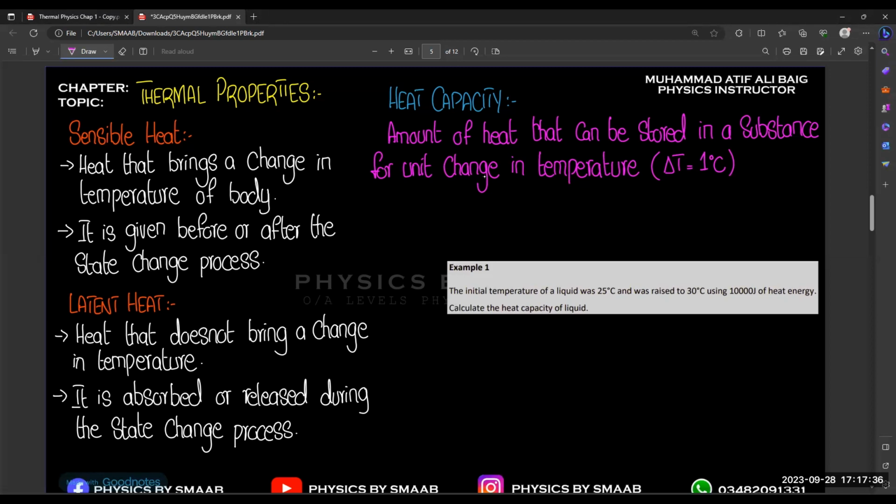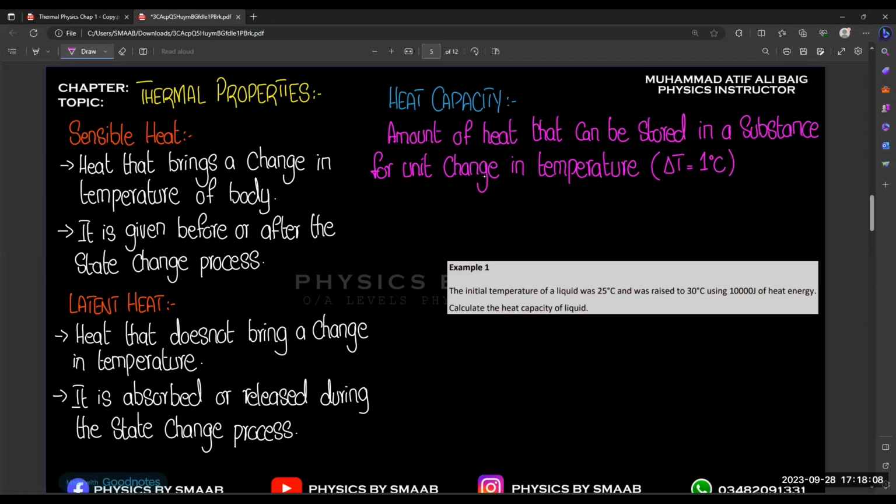So a spoon requires less heat, and water requires more heat, because when we start to boil water, it takes more time to increase its temperature and to boil up to 100 degrees Celsius, right? As compared with the water, the metal spoon will quickly increase its temperature with a small amount of heat transfer, right?